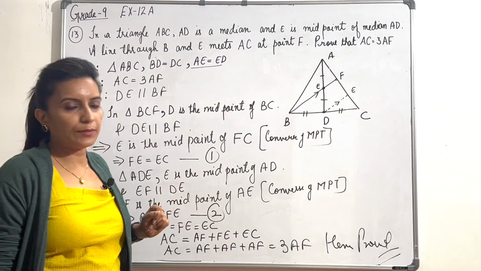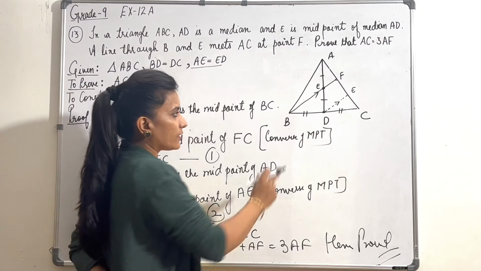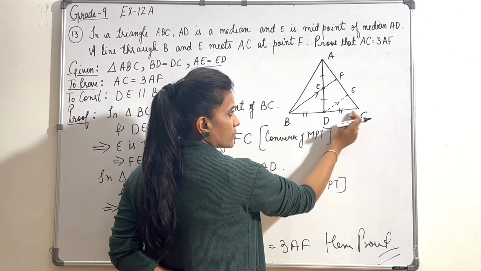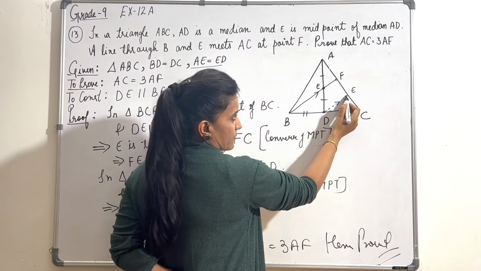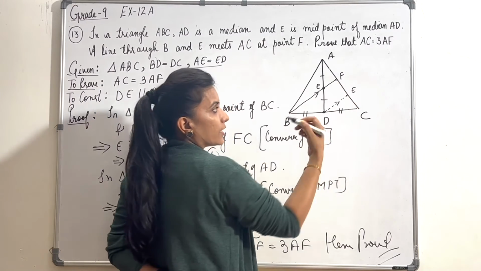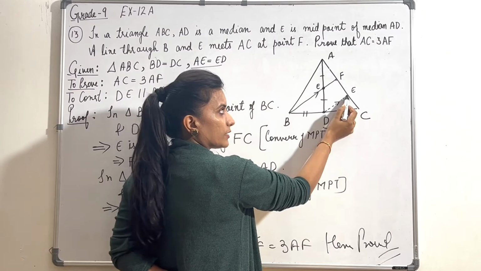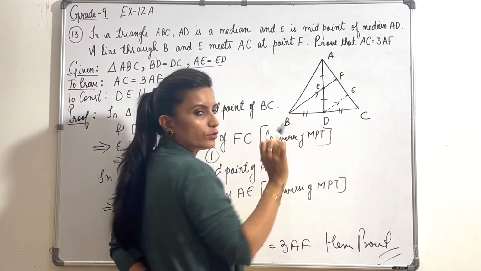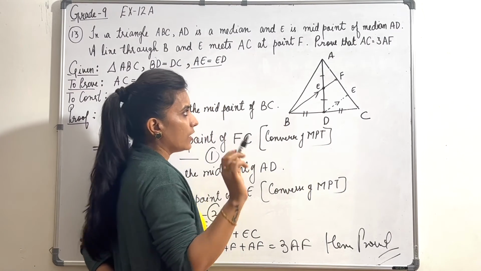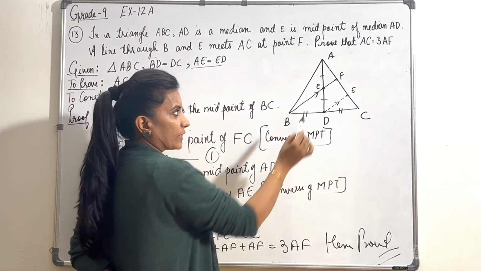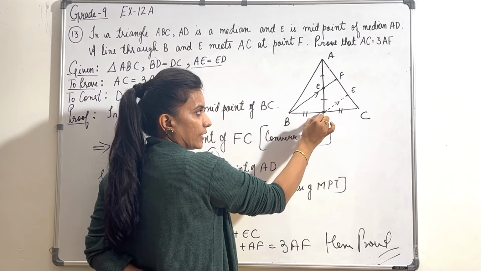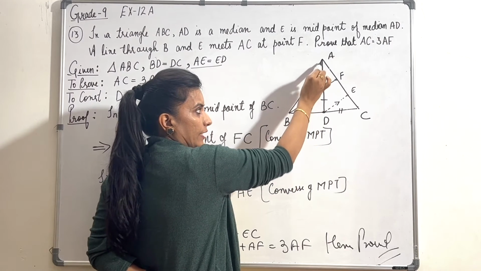Let's quickly recap. So first I have taken triangle BCF. In this triangle, D is the midpoint of BC and DE is parallel to BF. This concludes that even E is the midpoint of FC from the converse of midpoint theorem, right? So FE is equal to EC. Now E is the midpoint of AD. So let's take triangle ADE.